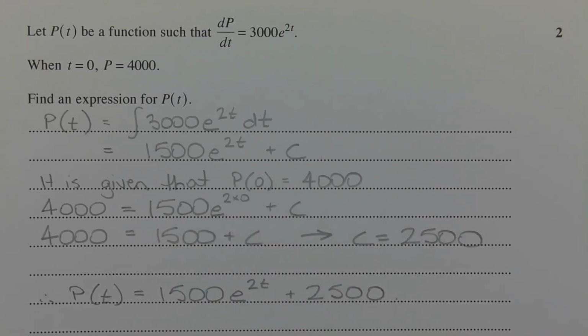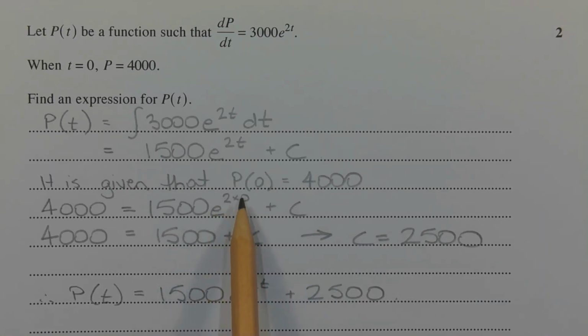Let's apply the boundary condition. It is given that P of 0 is equal to 4000. So substituting 0 for t into this expression here and 4000 for P of 0 here, we end up with this equation. 4000 is equal to 1500 times e to the power of 2 times 0 plus the constant of integration c.